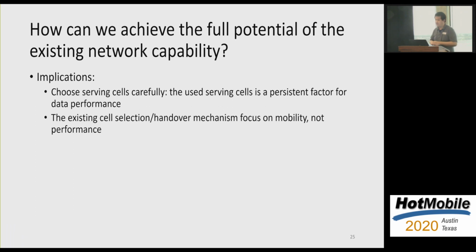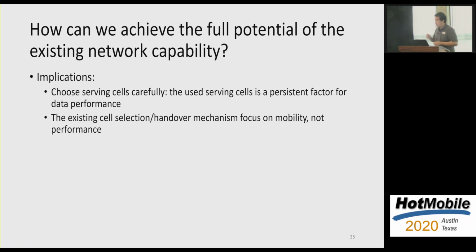The first one is, if the application is throughput intensive, we should choose the serving cells more carefully. We know there are some transient factors that can influence network performance, for example the radio signal strength, the radio signal quality, and also the traffic load, the cell load.